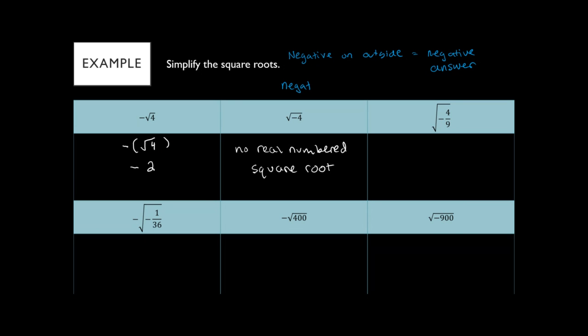So negative on inside, not a real number. So you don't get -2 out. It doesn't work that way. So on the right, we have square root of -4/9. That negative is inside, so that's going to be not a real number to square root, or you can write not a real number. That's usually what I do, is shorter.